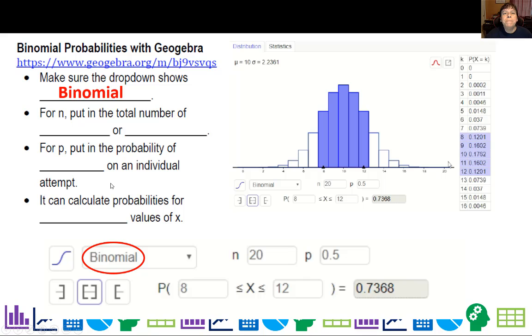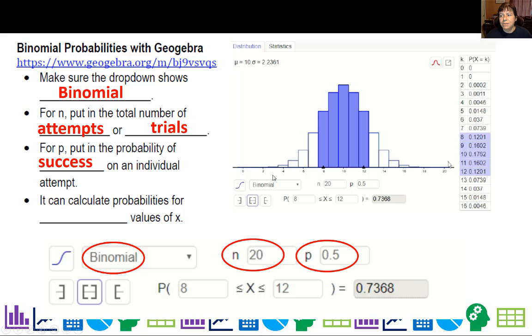So make sure the drop down shows binomial, because this tool, if you go there, you can actually also do normal distributions, and I can show that to you. For N, put in the total number of trials, attempts or trials. For P, put in the probability of success. So in this case, we just have 0.5. And it can also calculate probabilities for multiple values of X. And I'm going to show you how to do that.